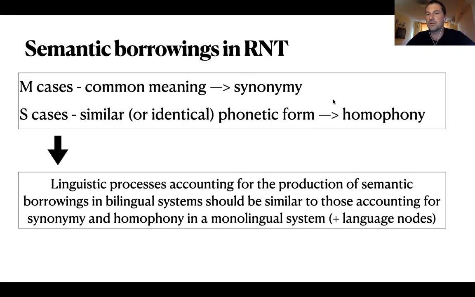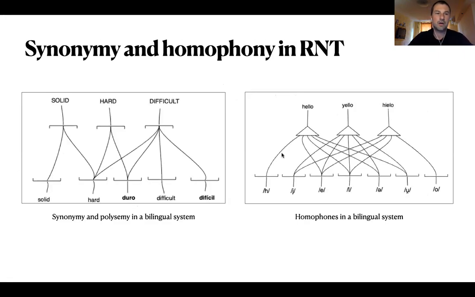In a monolingual system this means homophony. So I'm arguing that linguistic processes accounting for the production of these semantic borrowings in bilingual systems should be similar, if not identical, to those accounting for synonymy and homophony in a monolingual system, with the addition of these language nodes. So how would synonymy and homophony be represented in relational diagrams?